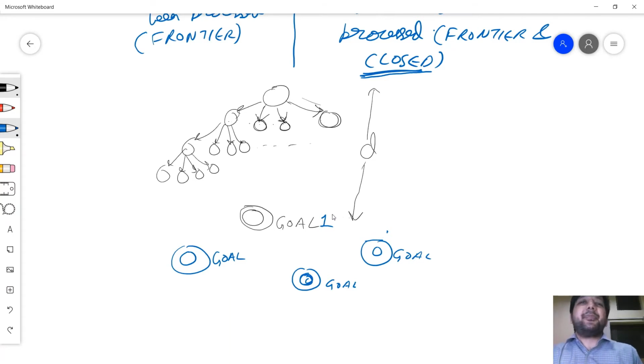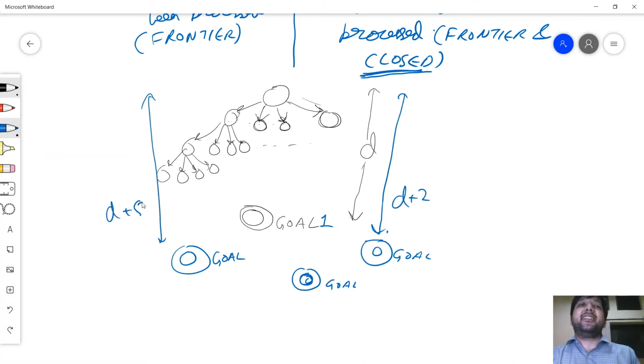Now, this is at a height of d. Let us say this one is at a height of d plus 2. This is at a height of d plus 5. I need to ensure that the lowest cost goal is the one which gets discovered and not either of these other three.